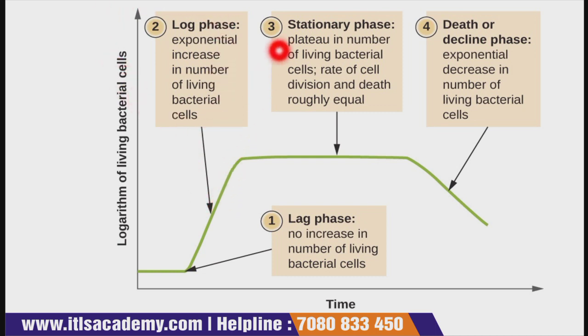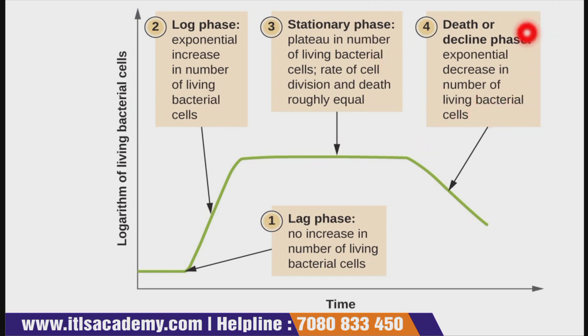Second is the log phase, that is the exponential increase in the number of living bacteria cells. Then comes the stationary phase, that is a plateau in the number of living bacteria cells, the rate of cell division and death are roughly equal in this phase. There is no further growth.